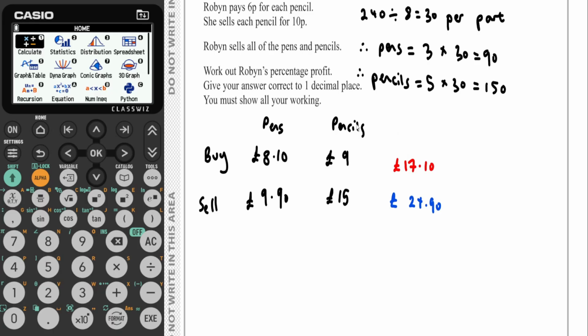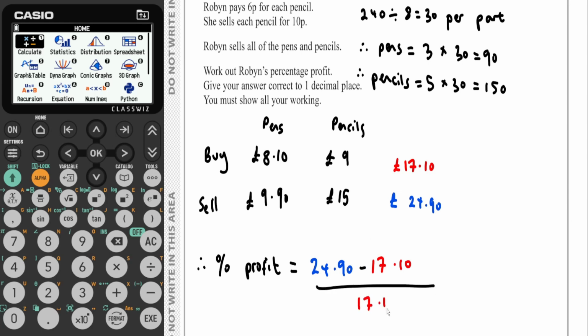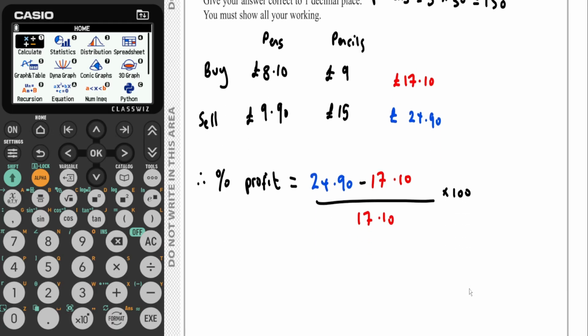So the percentage profit will equal £24.90 subtract £17.10 over £17.10 times 100.